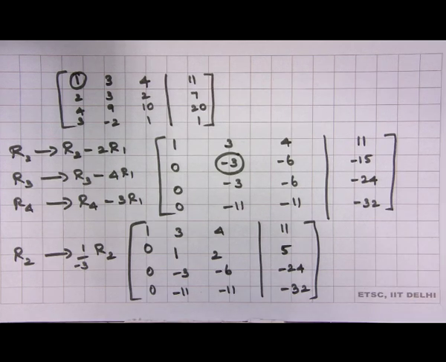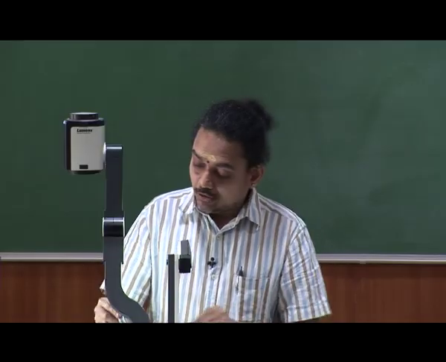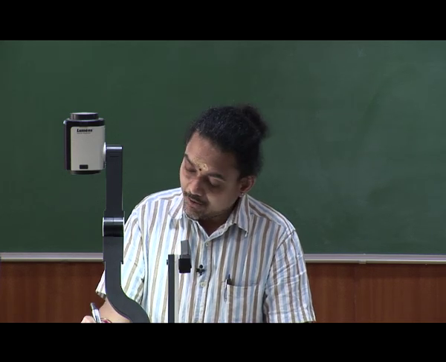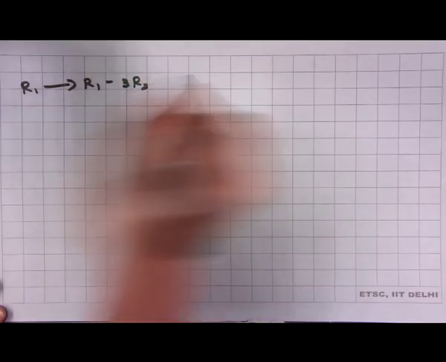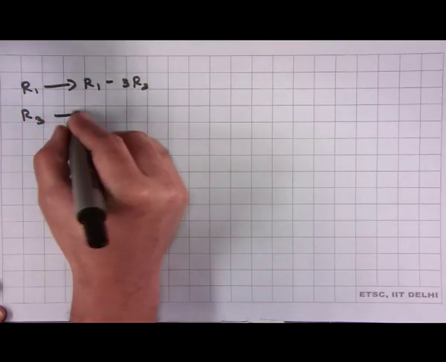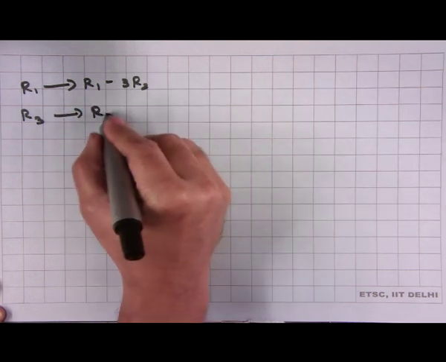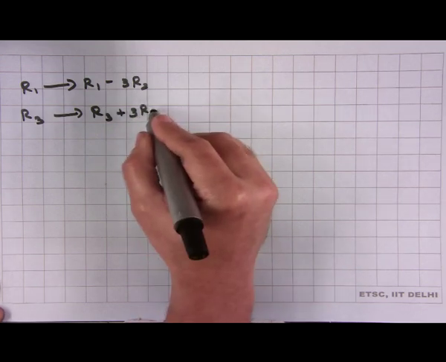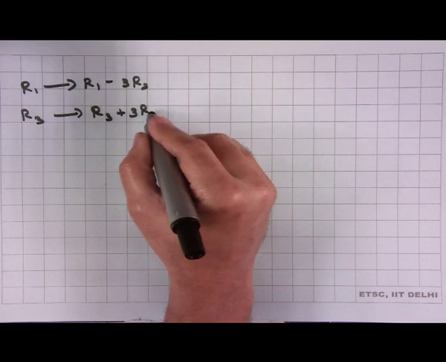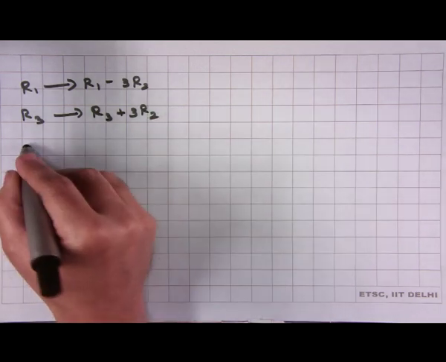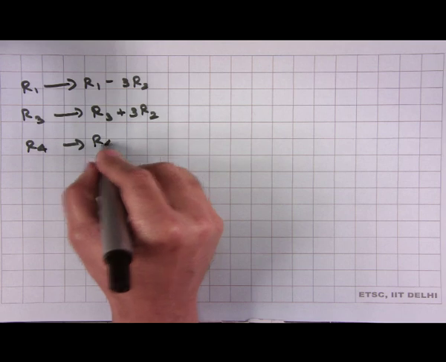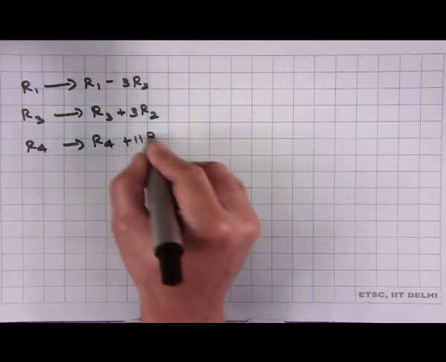So, my next aim is to convert this 3, minus 3 and minus 11 into zeros. So, replace R 1 by R 1 minus 3 times R 2, replace R 3 by R 3 plus 3 times R 2, and replace R 4 by R 4 plus 11 times R 2.